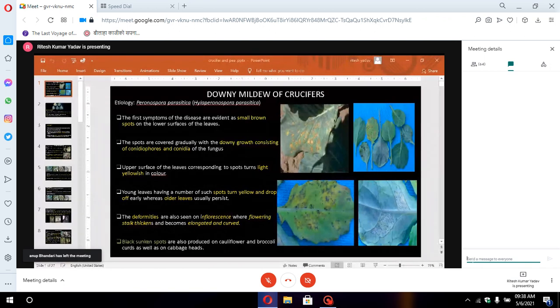So these are some typical symptoms of downy mildew, as shown in the figure. In this case, you can see there's always some kind of downy growth associated with the downy mildew fungus. That's why they are known as downy mildew.